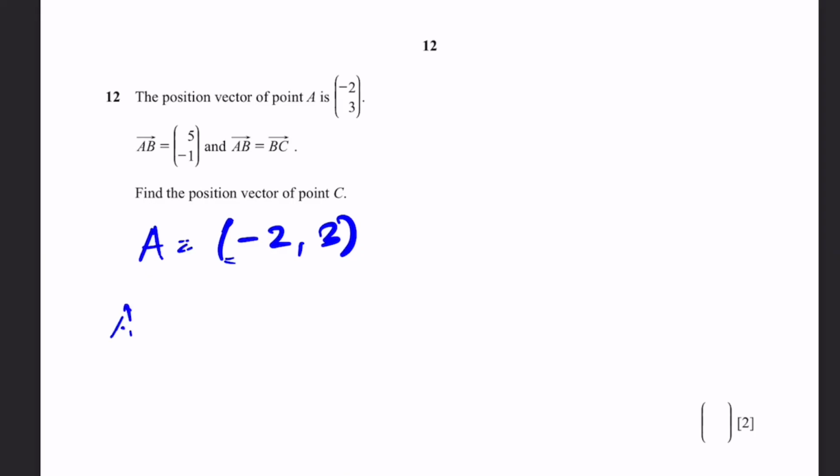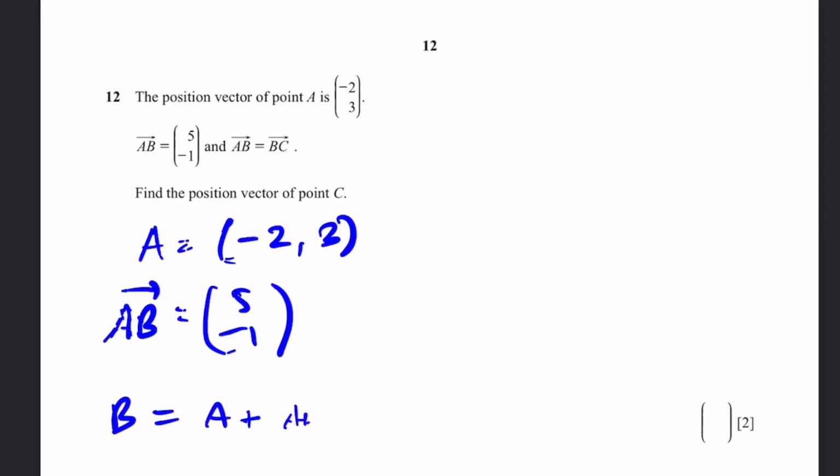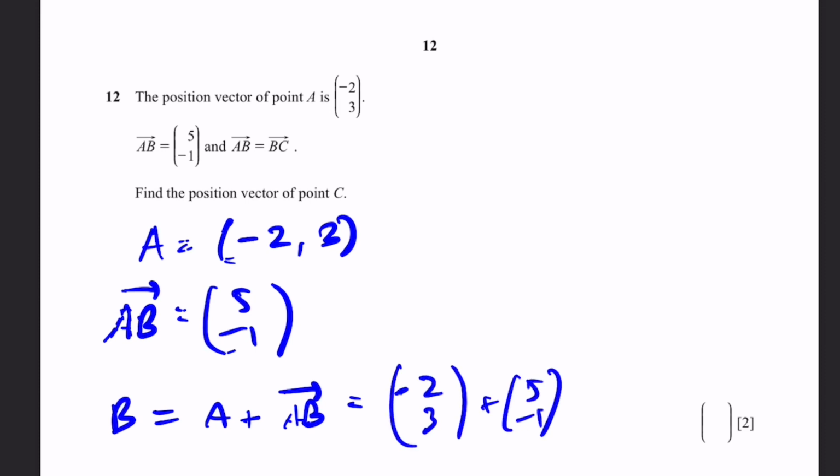Now AB is equal to (5, minus 1), given already. How do you find the point B from this? So that'll be A plus the vector AB, which is (minus 2, 3) plus (5, minus 1). And that's simply going to be (3, 2).